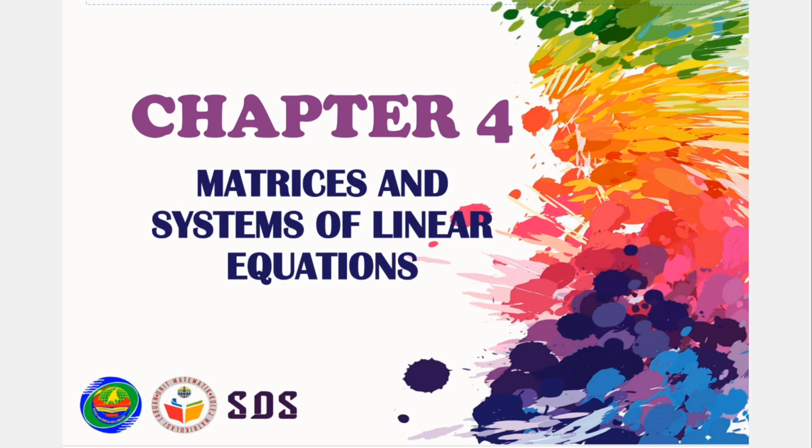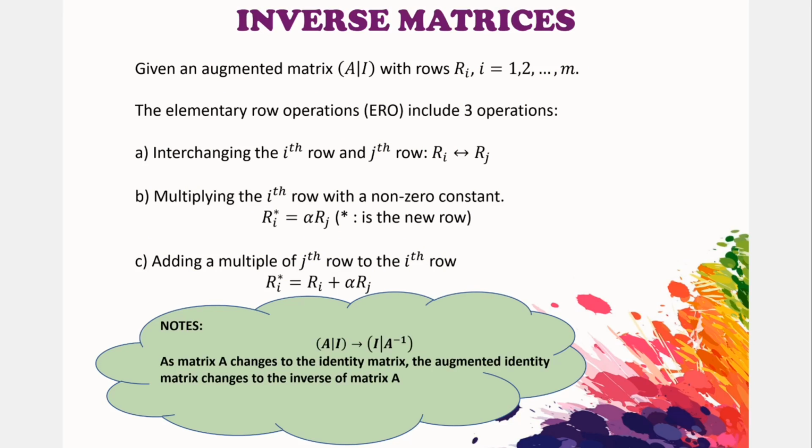So for this video, we are going to look at the third method of finding an inverse matrix, which is using ERO. Before we start with the elementary row operation, we first need to write the matrix in augmented form.